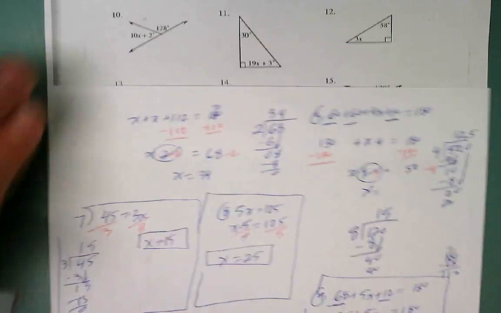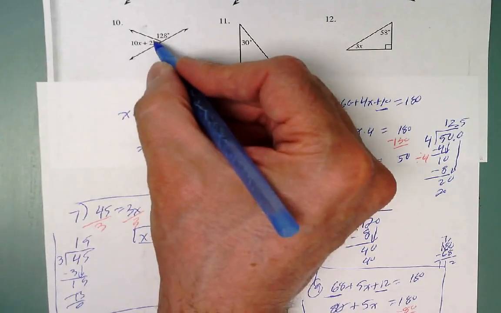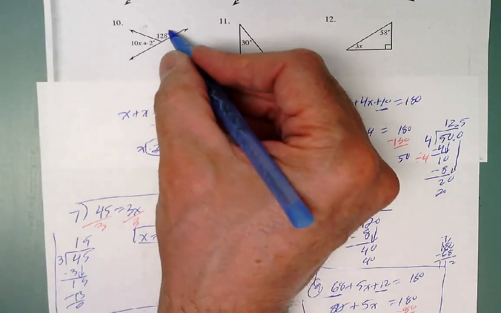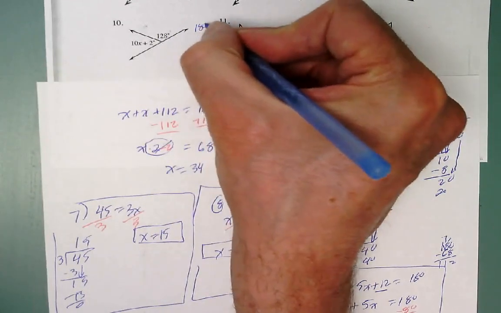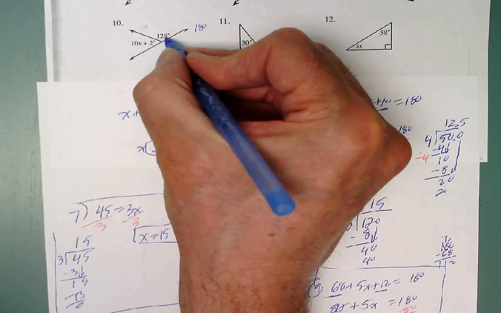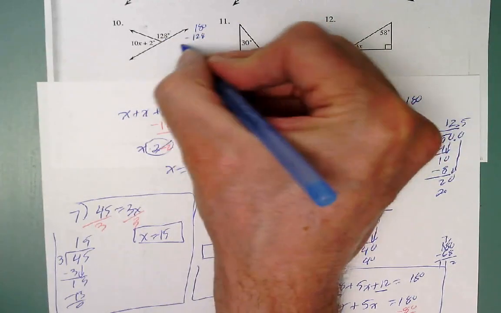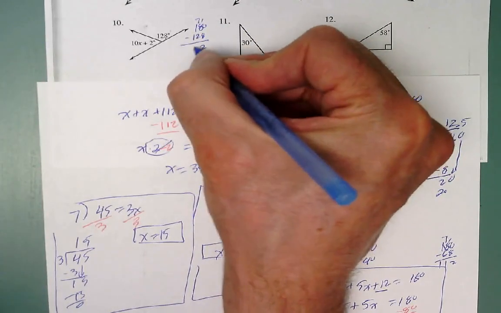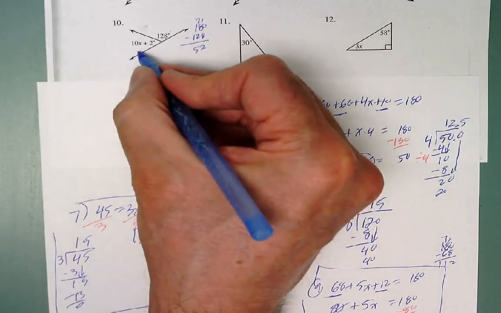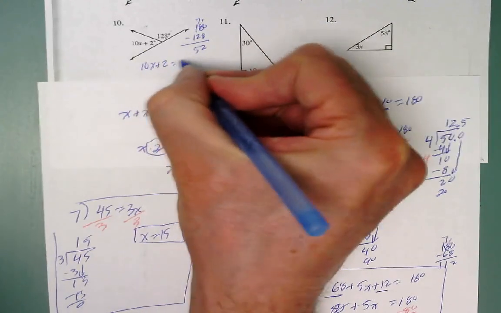All right, let's look at number 10. 10x plus 2 plus 128 equals 180. We want to simplify our problem before we start. This equals 180 minus 128. So you can, if you want, do this and say 10x plus 2 equals 52. That'll make our problem easier, huh?